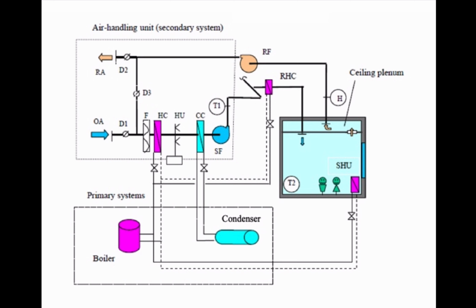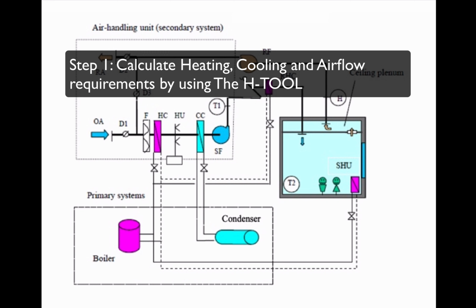Once the concept is approved, the HVAC engineer completes the following three general steps. Step number 1 is calculation of the heating, cooling, and airflow rate requirements for each element of the HVAC infrastructure, and to do so, he or she needs a software tool.